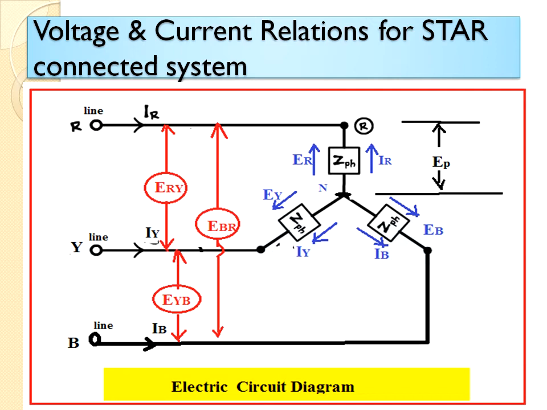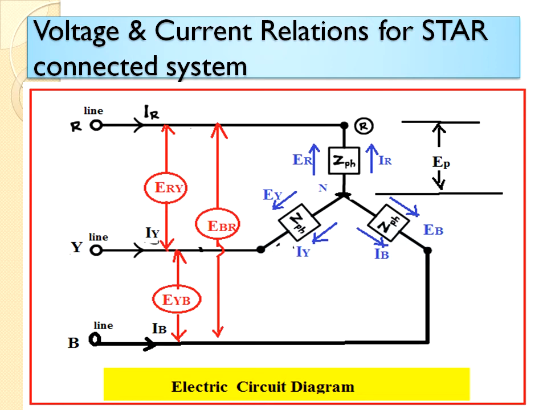Clearly observe, try to understand my words. Three impedances are connected in star. Voltage between lines, three lines are there. R is one line, Y is another line, B is another line. Voltage between any two lines is line voltage.